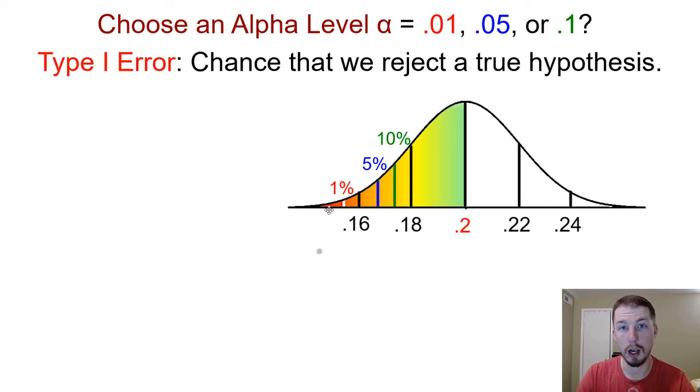So what percent of the time are you okay with being wrong? If you concluded that the proportion had gone down when it actually hadn't, that's what we call a type 1 error. What percent of the time are you okay with committing a type 1 error?